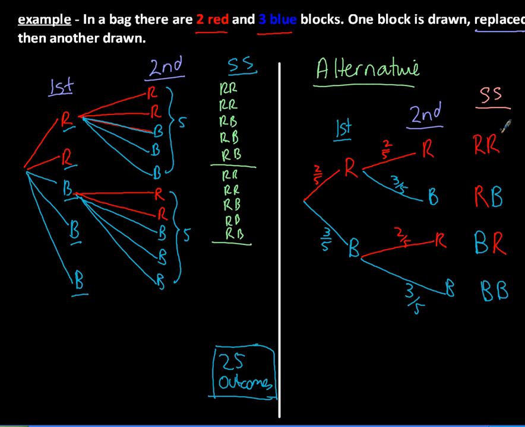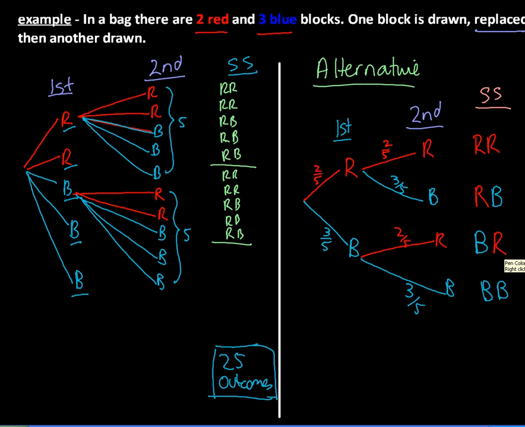But the difference here between these and the coins, these 4 outcomes aren't equally likely because a red has a different chance of turning up as a blue. So getting a red, red or a blue, blue would have very different probabilities since there are more blues than reds. But we can use our new rule about multiplication and addition.